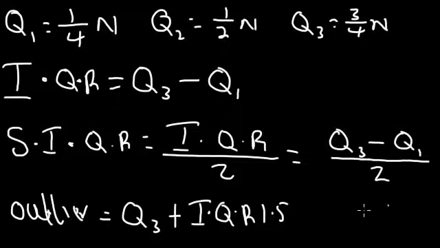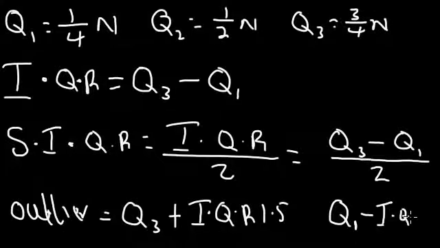Similarly, whenever a data is below Q1 minus IQR multiplied by 1.5, then such data is said to be an outlier.